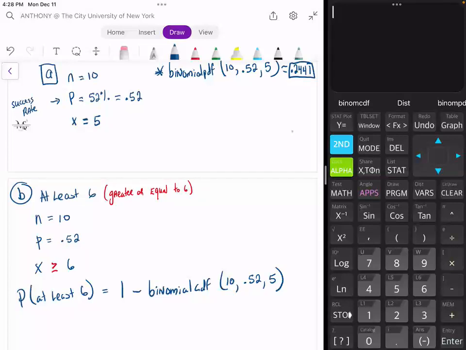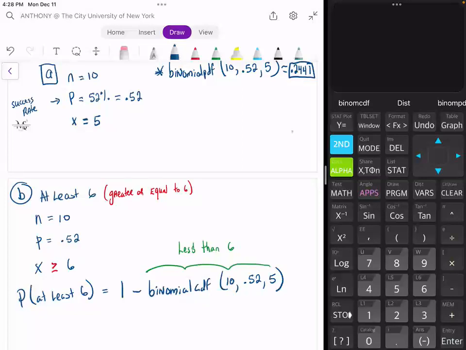Okay, so this command here gives us less than 6, which, by the way, is the complement of greater or equal to 6. Now, the answer wouldn't be the binomial CDF part. You need to have the 1 minus in front of it because you're essentially applying a complement rule.